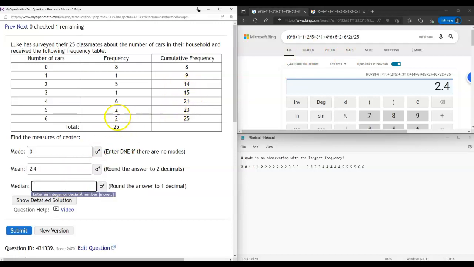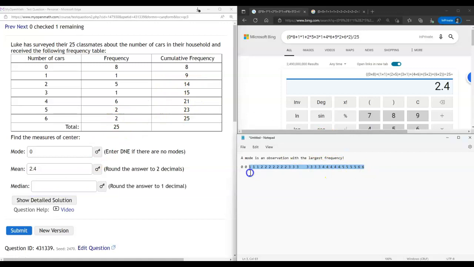Now, to find the median, one way is to write out all the elements. So we have 8 zeros, 1 one, 5 twos, 1 three, 6 fours, 2 fives, and 2 sixes.